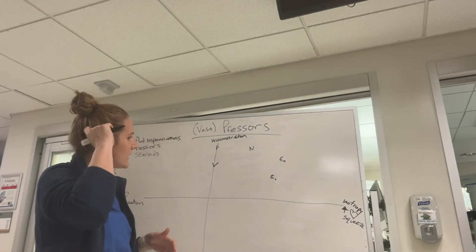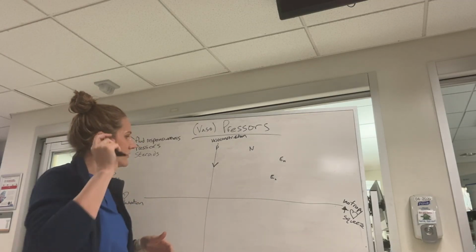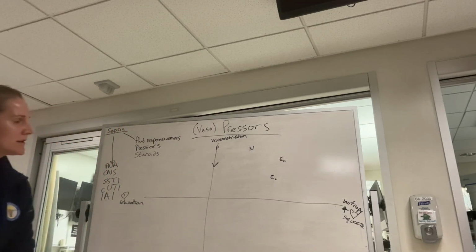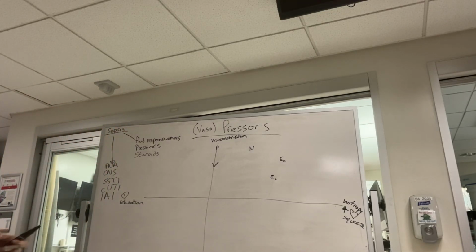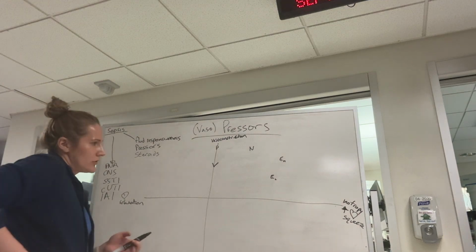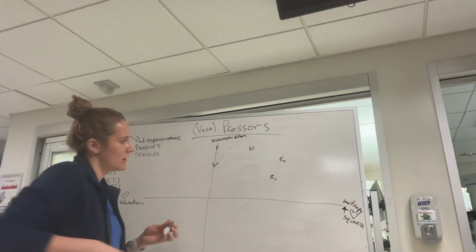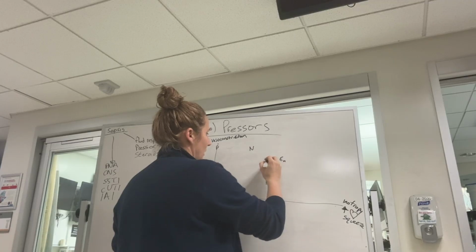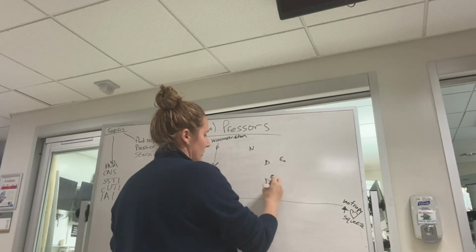Then the last one, which is a drug I don't love using, is dopamine. Dopamine is kind of like epinephrine in that it depends on the dose you're using. So it's probably about here and here: dopamine low, dopamine high.